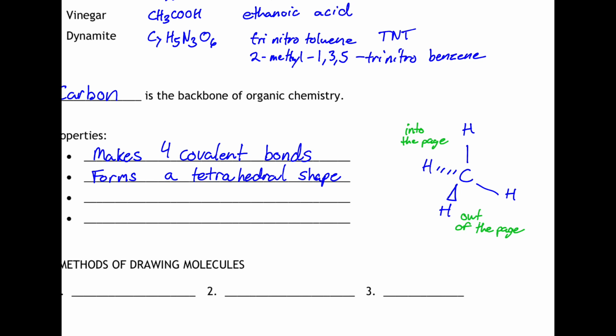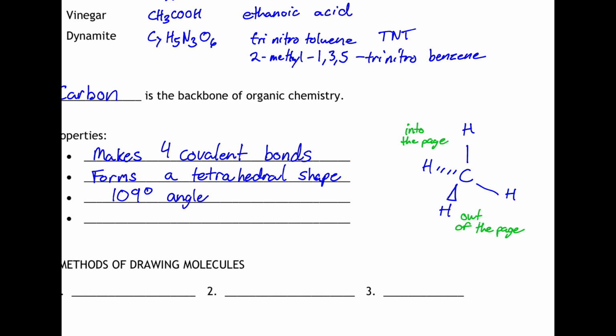So that's how we draw that, because it's not flat like north, south, east, and west. It doesn't look like a compass. It's this three-dimensional triangular kind of shape. Speaking of that triangular shape, between each of those bonds is 109 degrees, if you know your geometry.